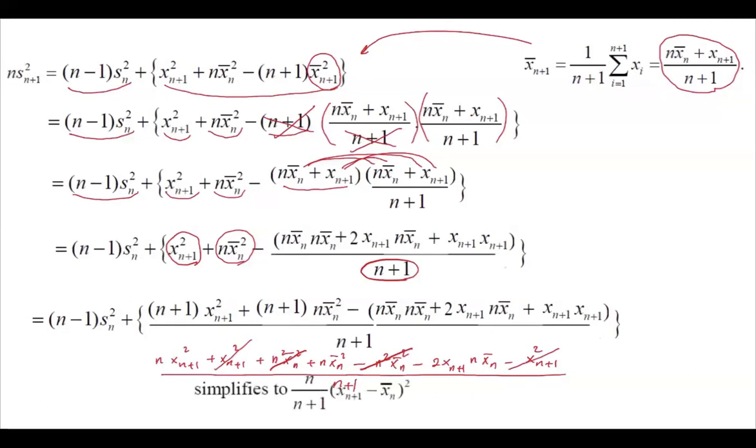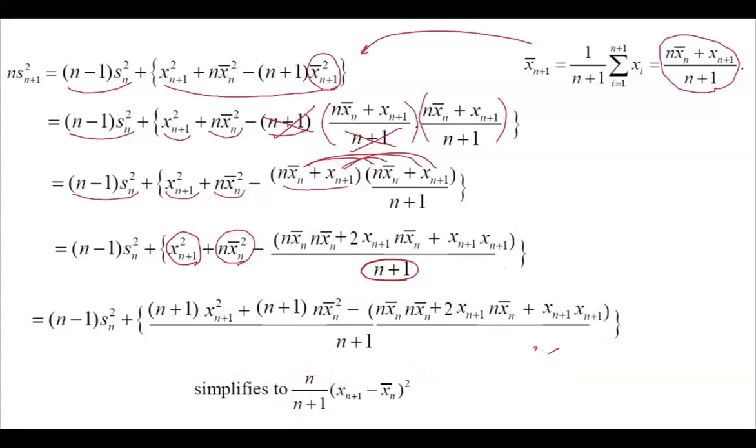After simplifying the whole thing, let me just erase this so you have enough space. After simplifying the whole thing, it simplifies to n divided by n plus 1, xn plus 1 minus xn bar to the second power. So again, you can just do the algebra and see the result. So that's how we prove this formula.